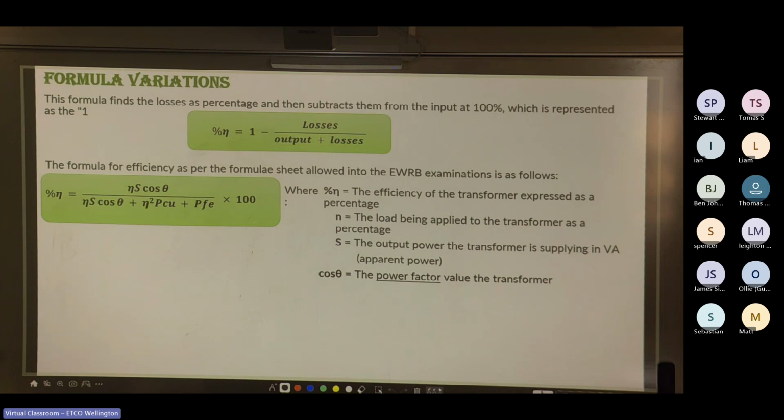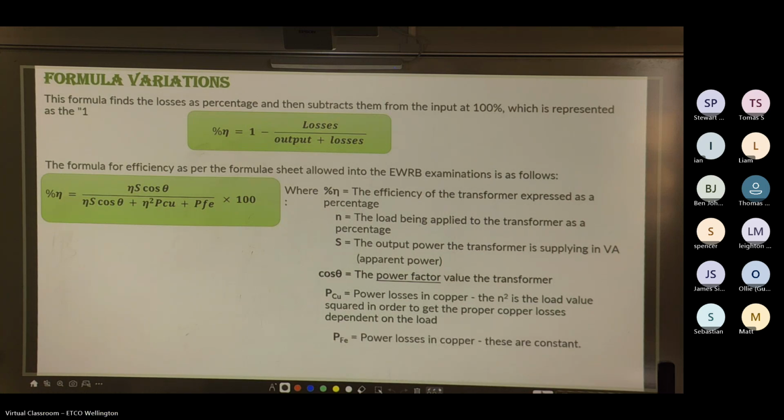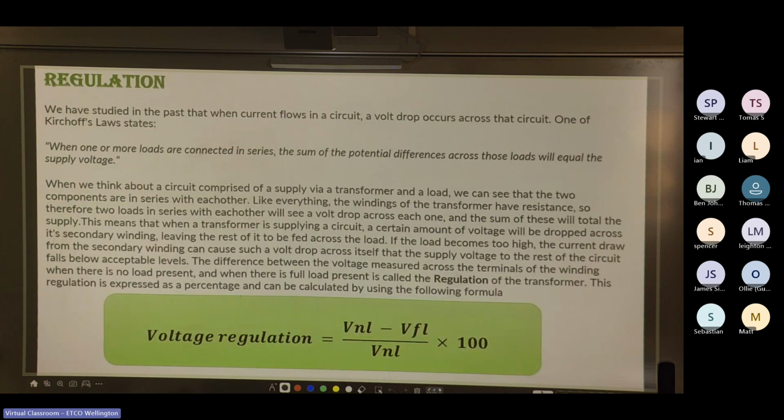Cos theta is the power factor value of the transformer. And P Cu is the power losses in copper. The N squared is the load value squared in order to get the proper copper losses dependent on the load. And then P Fe, power losses in iron. Fe is the chemical symbol for iron on the periodic table.